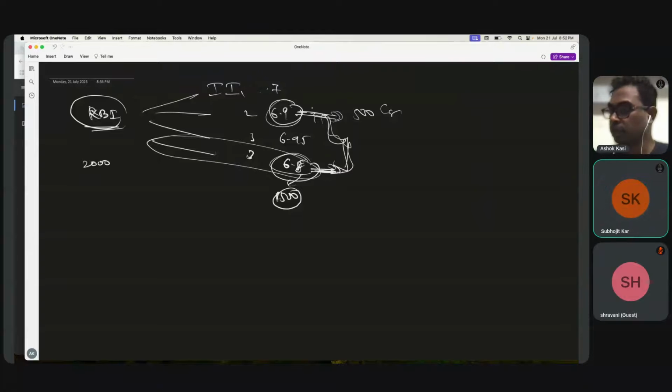Single price means, see, there are let's say four different rates by different individuals. The cutoff here for single price, 6.8 percent, is not enough.